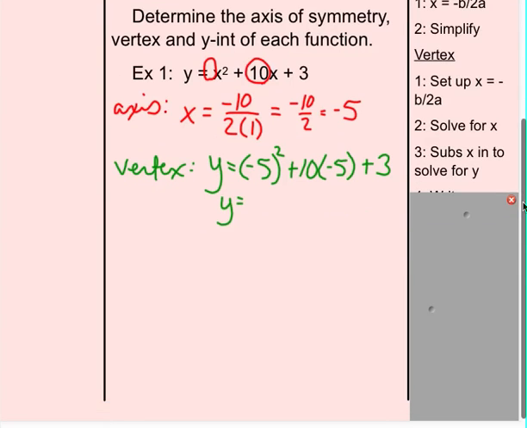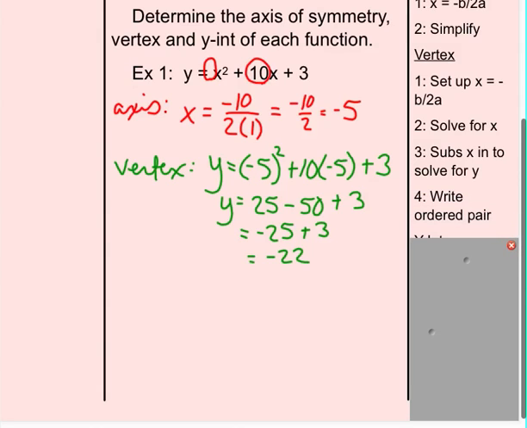So negative 5 times negative 5 is positive 25. 10 times negative 5 is negative 50 plus 3. 25 minus 50 is negative 25. Negative 25 plus 3 is negative 22. So the coordinates for our vertex, we got an x value of negative 5 and a y value of negative 22.